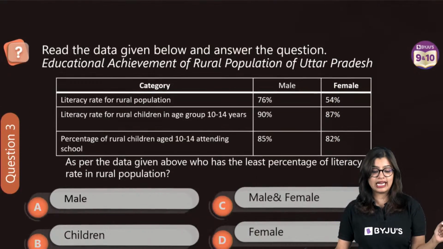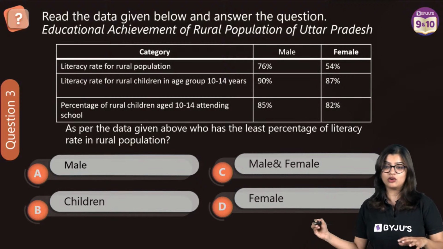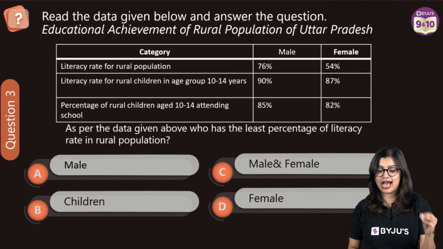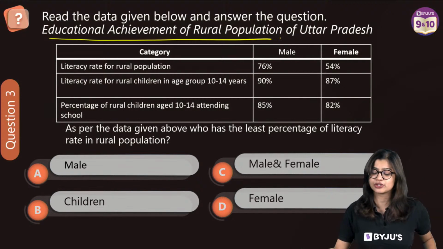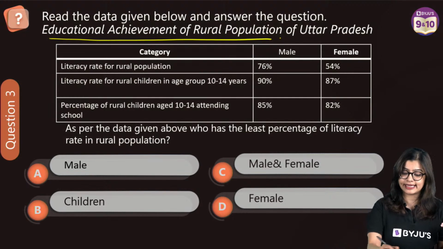Quickly, let's move on to question number 3. Now this right here looks like a complicated question, but it's from economics and it's easy. So we have data given to us, wherein they have some information about the educational achievement of the rural population of Uttar Pradesh. Now, what are the categories given?